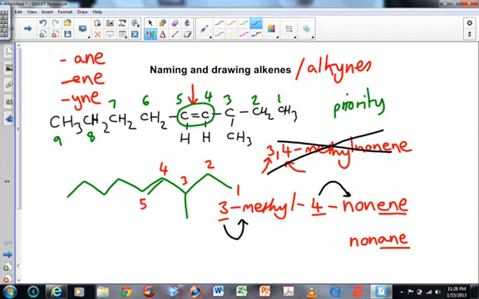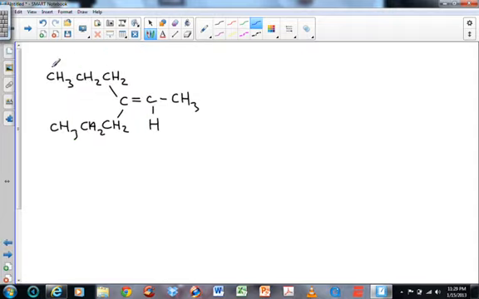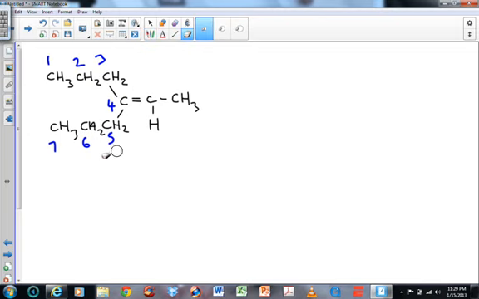Now here that's not a problem, but if we go to here and you say, well, the longest carbon chain looks like it's going to be 1, 2, 3, 4, 5, 6, 7 carbons, that's alright, isn't it? Well, the problem with that is going this way does not take into account both of the carbons from the double bond. So that means this isn't the right number of carbons in terms of the longest carbon chain.